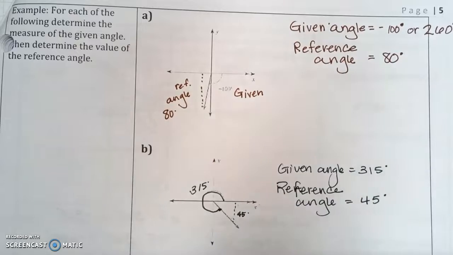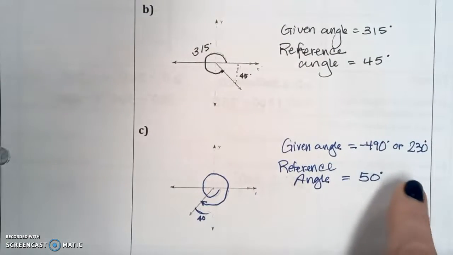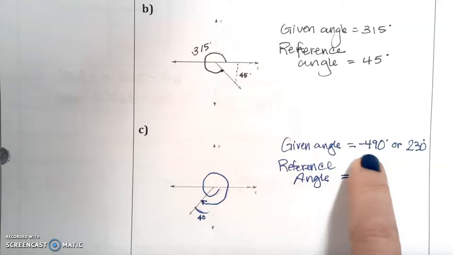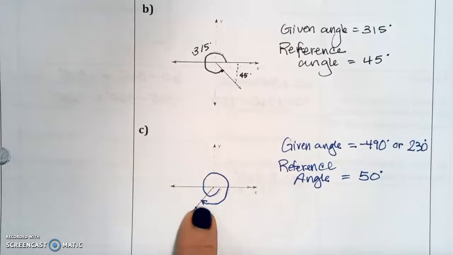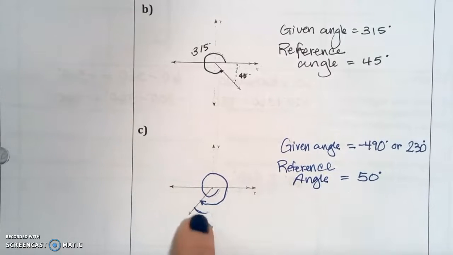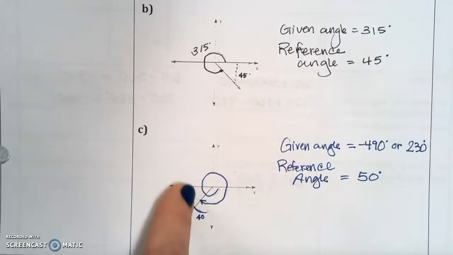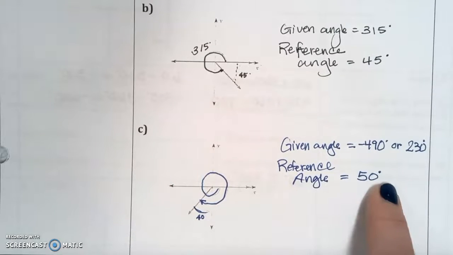Okay, and for part C, our given angle is negative 490, which puts us here in quadrant 3. And then to get back to the x-axis, because there's 40 degrees here, that means there's 50 more here. So our reference angle would be 50 degrees.